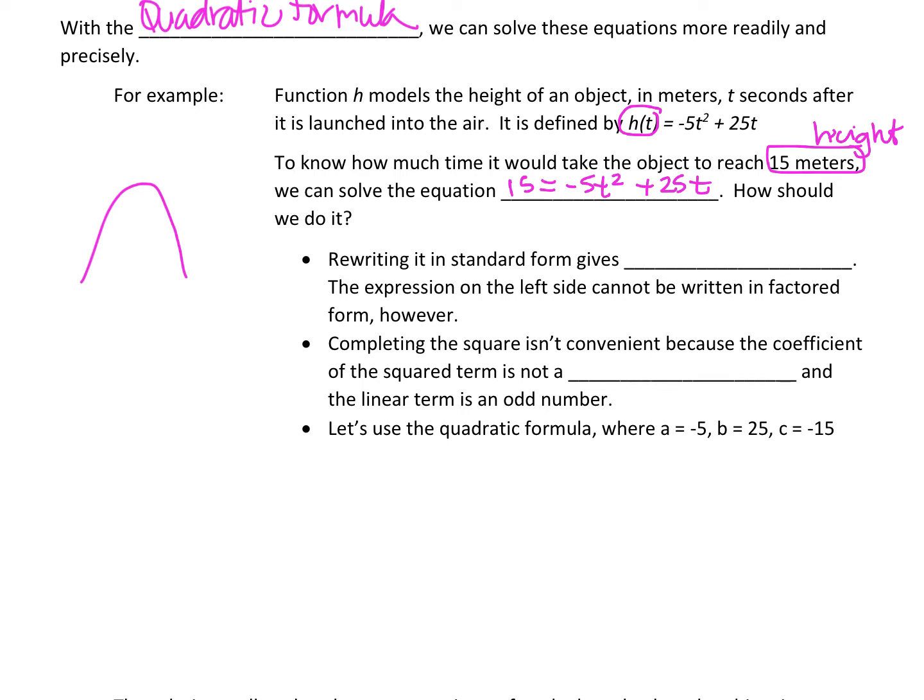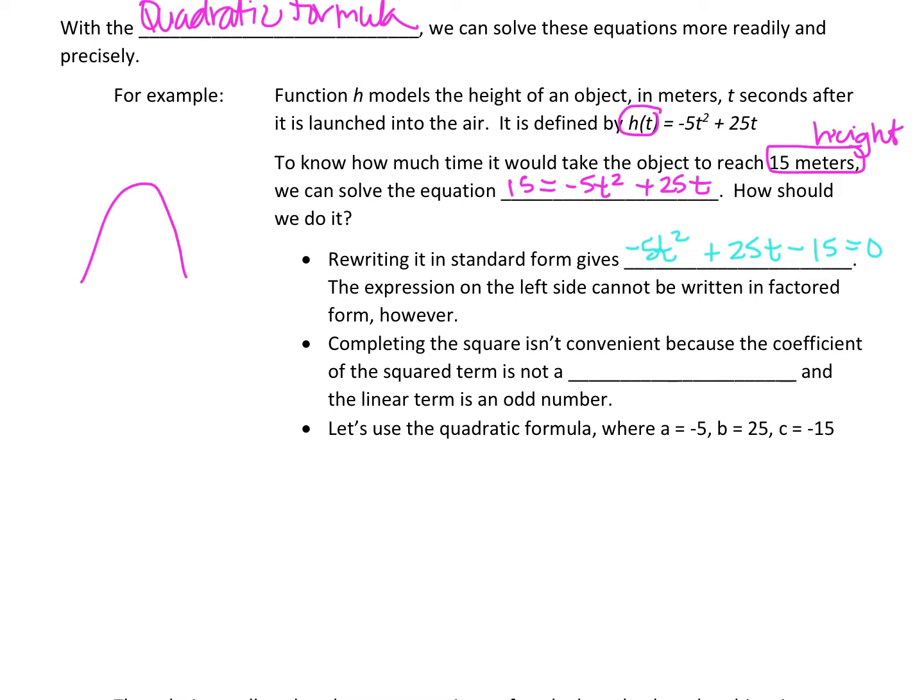Rewriting it in standard form, if we just subtract 15 from both sides, we would have negative 5t squared plus 25t minus 15 equals 0. So there's standard form, your ax squared plus bx plus c equals 0.